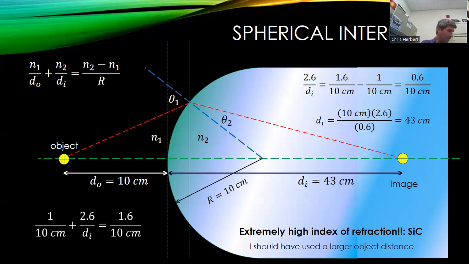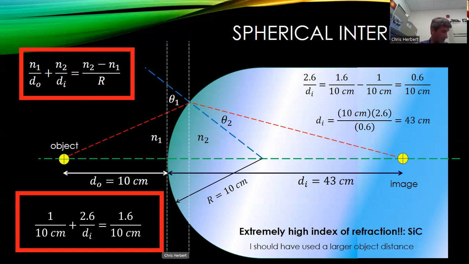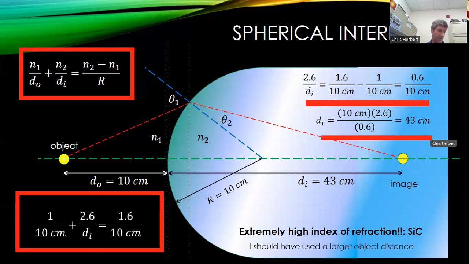So here's our equation. We plug in our numbers: radius of curvature 10 centimeters. Distance to the object is also going to be 10 centimeters. Again, normally the distance to the object would be a much larger number than that. We solve for DI, and here you can see DI equals 43 centimeters, and that's the location of the image there.